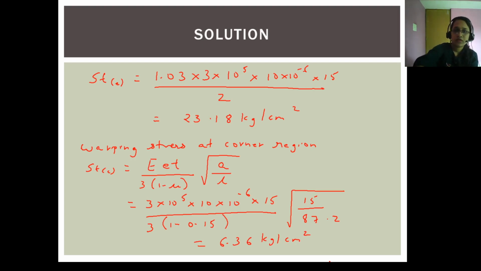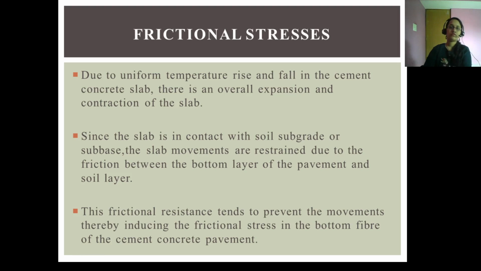Okay. So next, coming to frictional stresses. Due to the uniform temperature rise and fall in the cement concrete slab, there is an overall expansion and contraction of the slab. Since the slab is in contact with the soil subgrade or the subbase, the slab movements are restrained due to the friction between the bottom layer of the pavement and the soil layer.